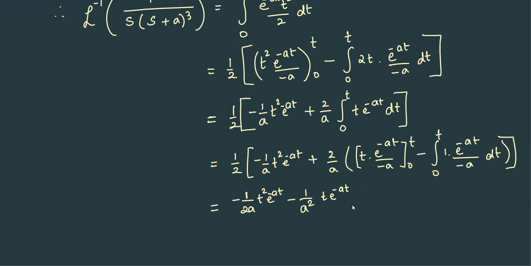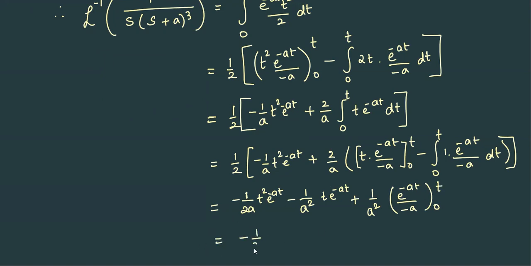Now this minus into minus is plus, so plus 1 by a into 1 by a, 1 by a square into integral of e power minus at will again be this. Apply the limits.